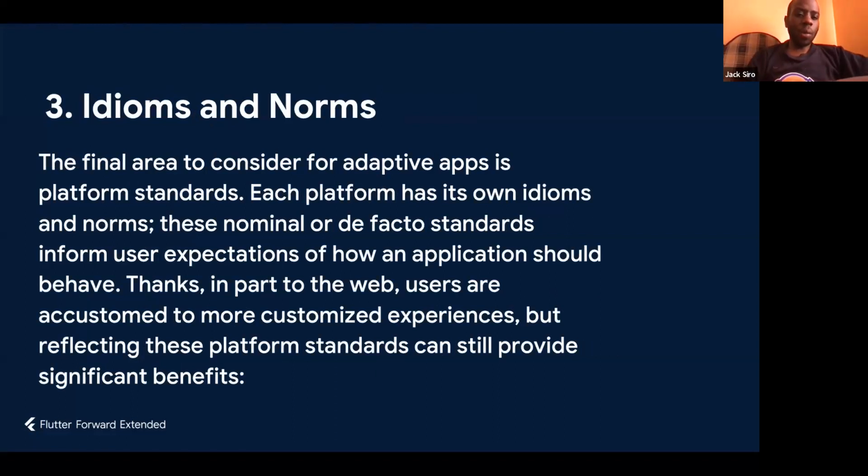Let's go to idioms and norms. So the final area to consider for adaptive apps is platform standards. Each platform has its own idioms and norms. These norms or de facto standards inform user expectation of how an app should behave. Thanks in part to the web, users are accustomed to more customized experiences, but reflecting these platform standards can still provide significant benefits.